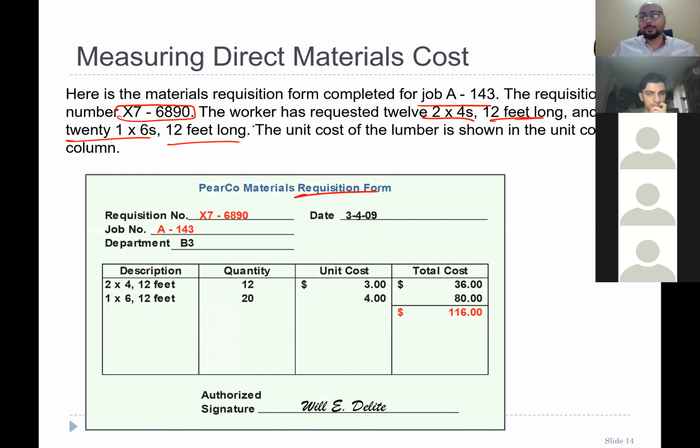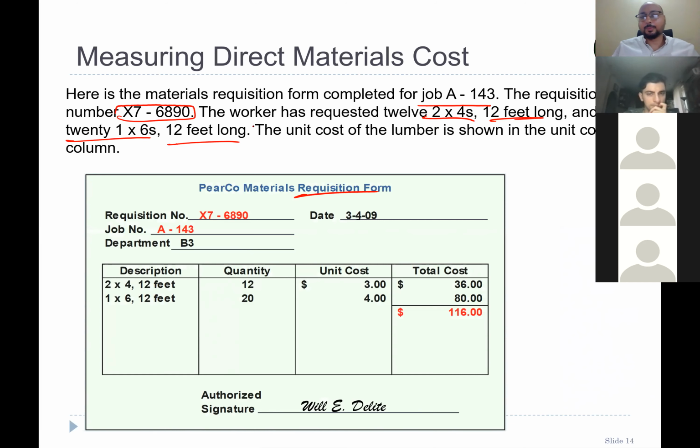So here we go. Workers use time tickets to record the amount of time that they spend on each job. So here is a time ticket for the employees who work 8 hours on a job. They work 8 hours, and their rate is $11. And you must remember that this is job A143, so that you cannot allocate other people working on different jobs.